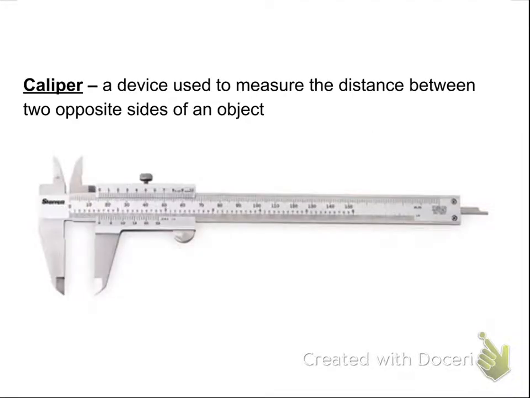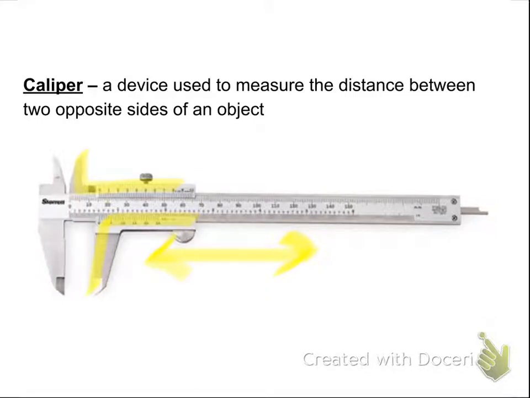So this is a caliper. A caliper is a device used to measure the distance between two opposite sides of an object. So the way that this works is that this part here is connected and it slides back and forth.